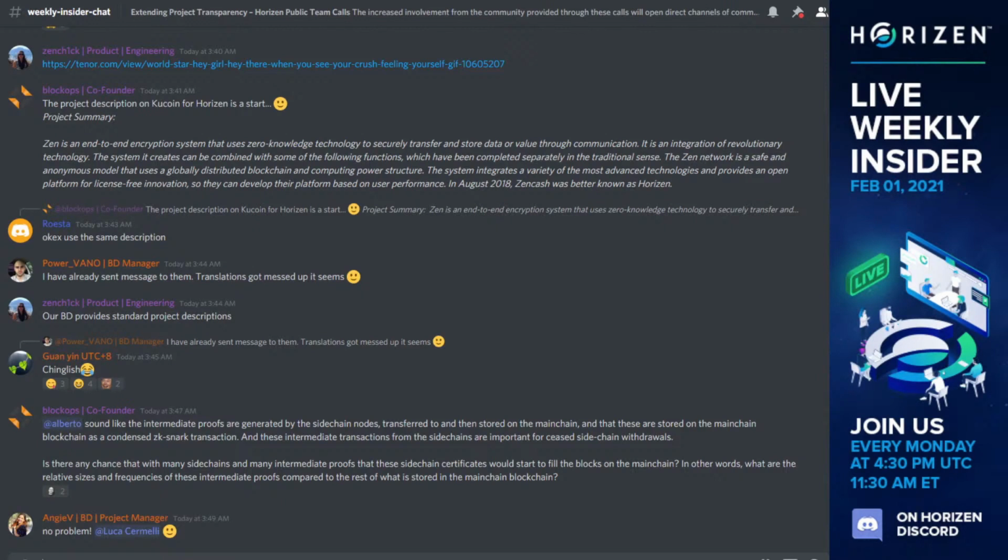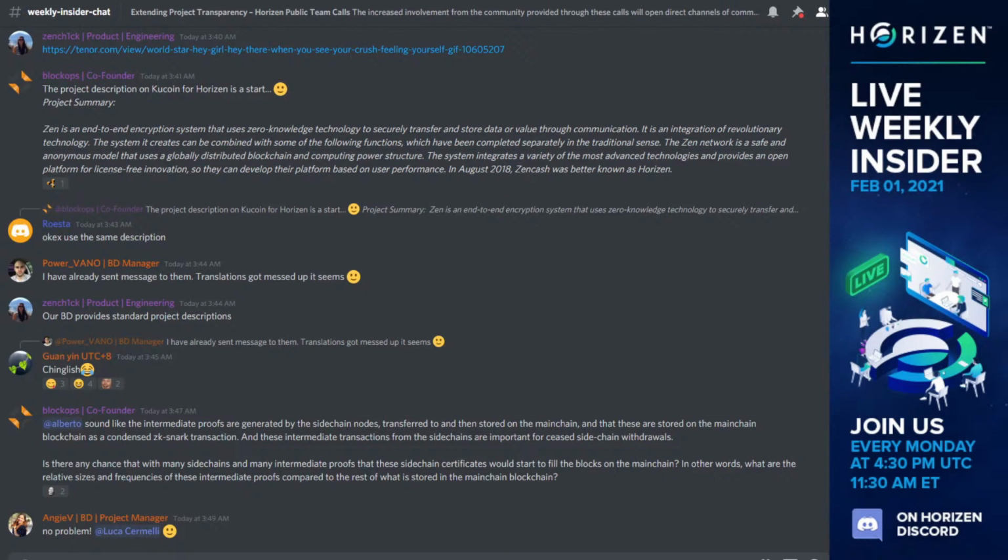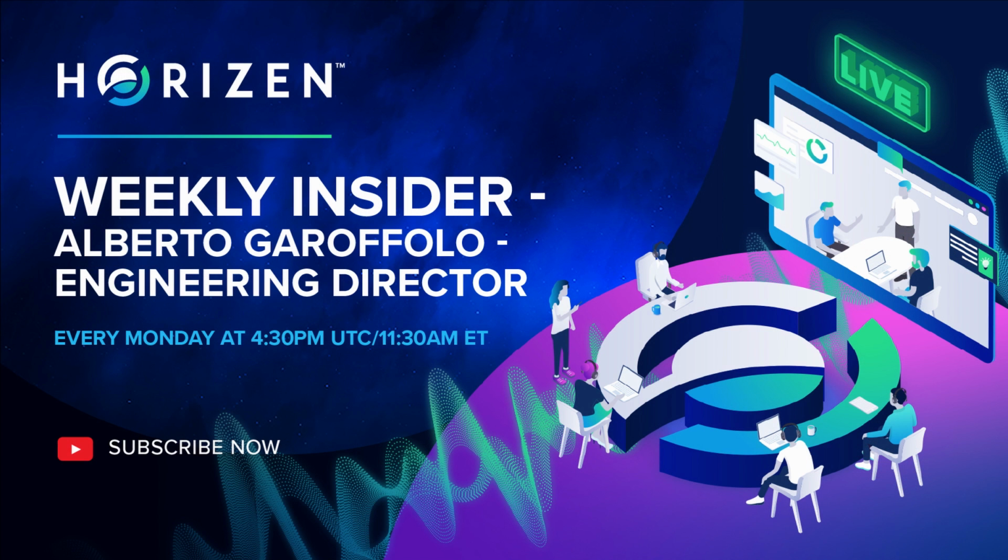So the number of intermediate proofs doesn't have any kind of impact on the mainchain side. The mainchain doesn't know them. The mainchain knows just the final certificate proof that is created at the end of the epoch by the sidechain. So we can forget about all the intermediate proofs, even about the block proofs. I hope that this clarified better what I was saying before.